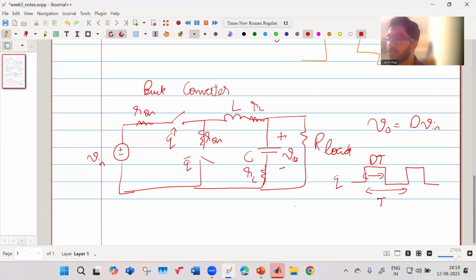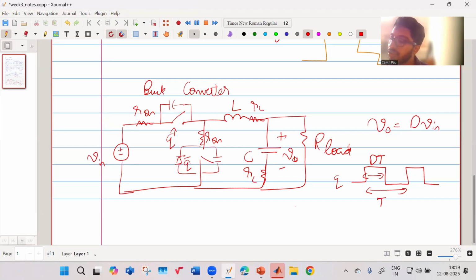These switches also have turn on and turn off times, dead time, reverse recovery charge, parallel capacitors, and a body diode. All these things result in the output voltage not being equal to D times V in. So in that case, what should be done?